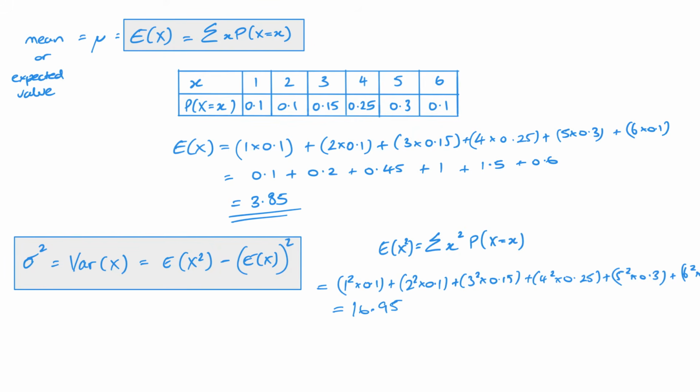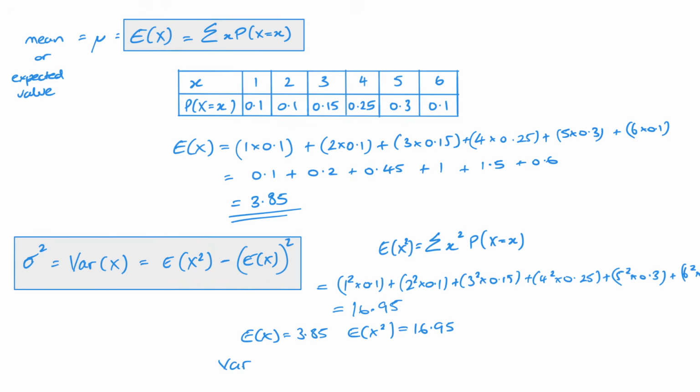And that gives you 16.95. Sorry, I've just put these in boxes to make them stand out. So in our example, E of x is 3.85 and E of x squared is 16.95.